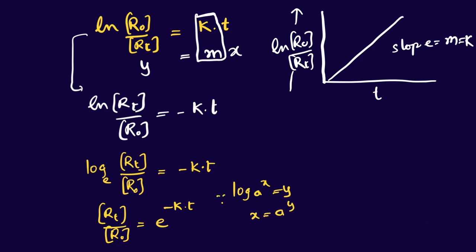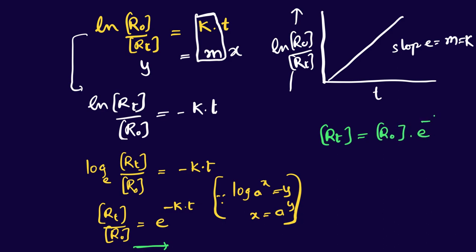Based on this formula I wrote this equation. So from this equation, we get R at T time concentration is equal to R naught concentration into e power minus k into t.